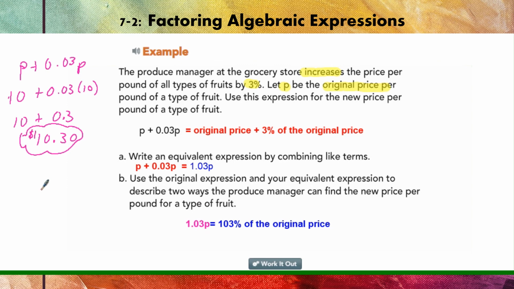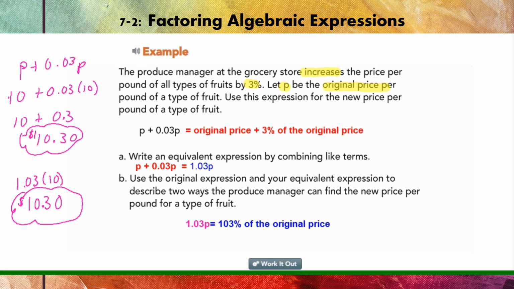We are just going to add the percentages. So now I'm going to go ahead and substitute 10 in for P, since we said that would be the price. Now if I multiply 1 3/100 times 10, I get 10 3/10. So that lets us know it would be $10.30.